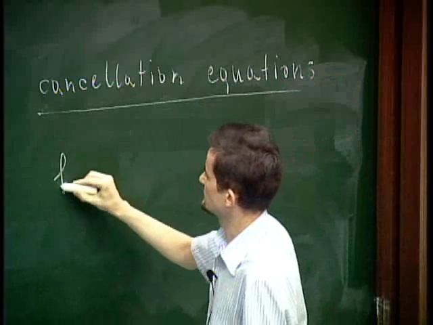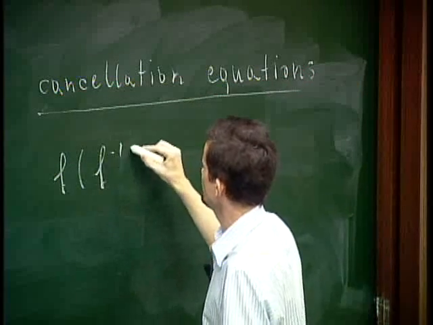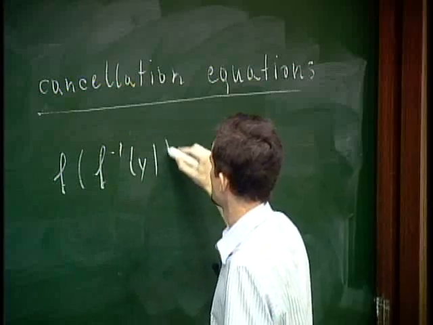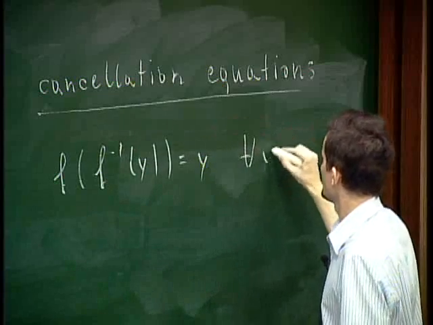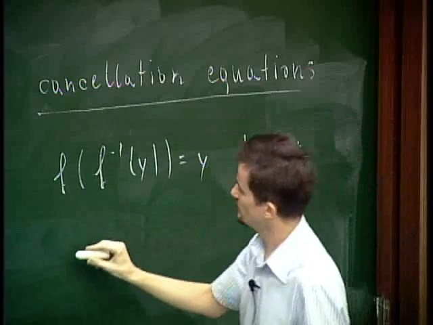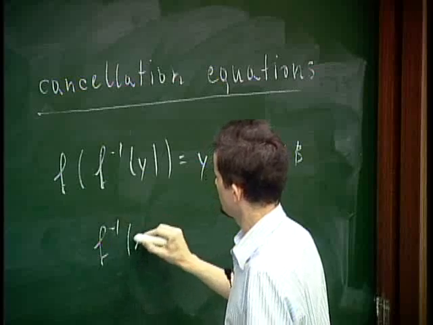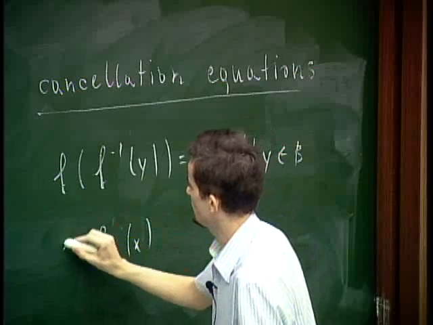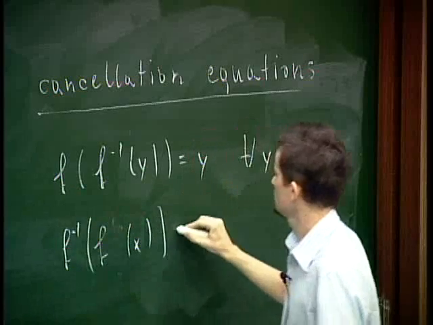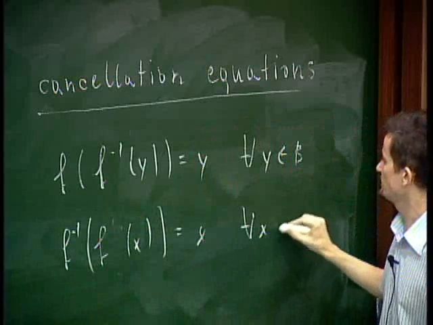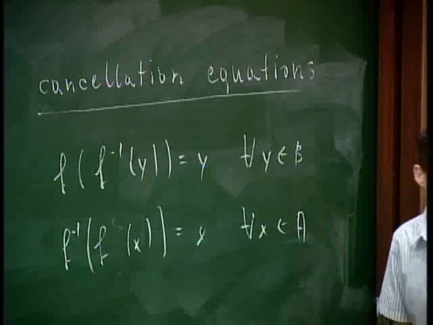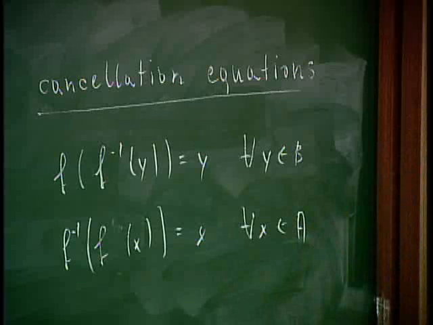So if you first apply the inverse and then you apply the function, then you get y for all y in B. And if you do it the other way around, if you first apply the function and then you apply the inverse, you're back to x. This actually is the very definition of the inverse. Any questions?